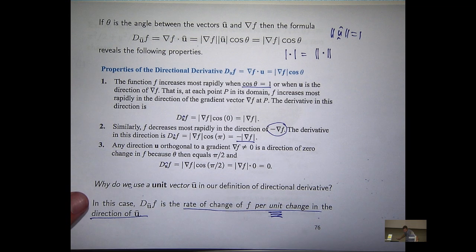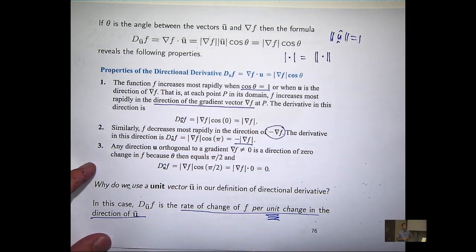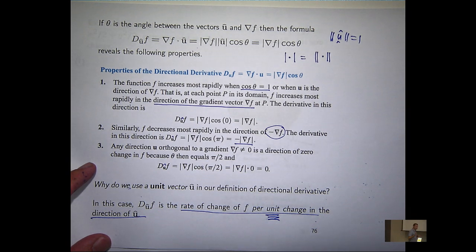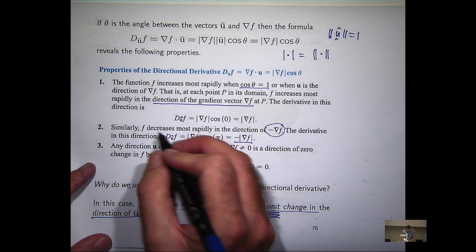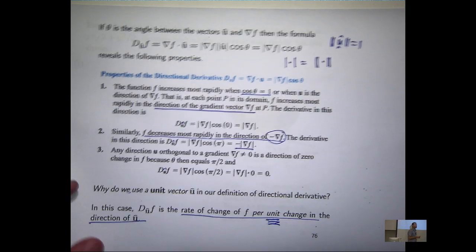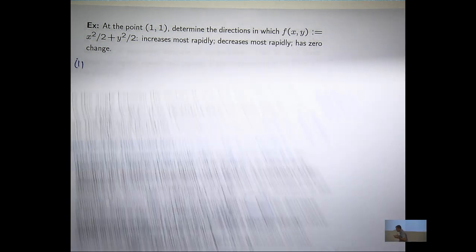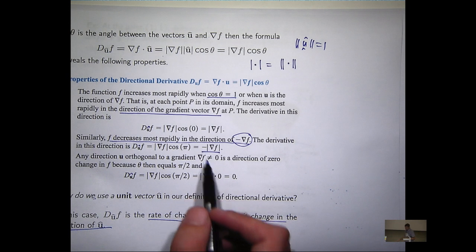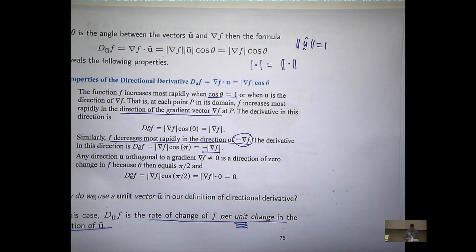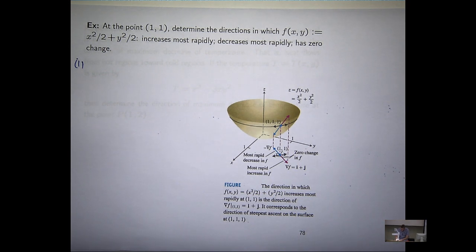For the first one, just calculate the gradient vector, and that's the direction of greatest change. For the second one, the direction of most rapid decrease is in the opposite direction to this vector, so you just put a negative sign in front of it. And then the third one's a little bit trickier, so I'll show you how to do that in a second.